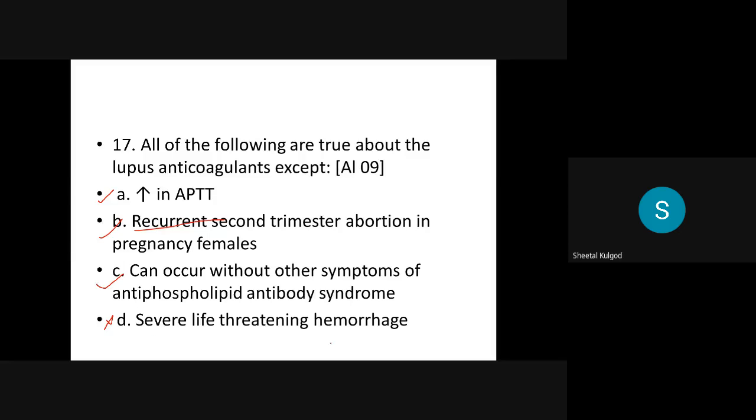So it doesn't cause hemorrhage actually. Remember, what it causes is the opposite. It causes thrombosis. It causes intravascular thrombosis. So it does not cause hemorrhage. Because it causes intravascular thrombosis, it will lead to all these complications. So remember, the last one is the wrong option for this particular question.